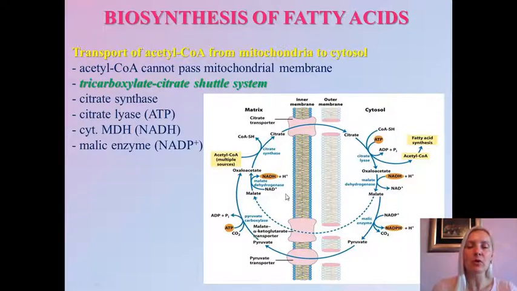So we have to employ a shuttle system like we did for the entrance and transport of fatty acids from cytosol to mitochondria, and this time we're going to employ tricarboxylate citrate shuttle system, which is composed of several enzymatic reactions. So here we are. We have an acetyl coenzyme A from multiple sources. So it reacts with oxaloacetate from mitochondrion, and the reaction is catalyzed by citrate synthase to form a citrate molecule.